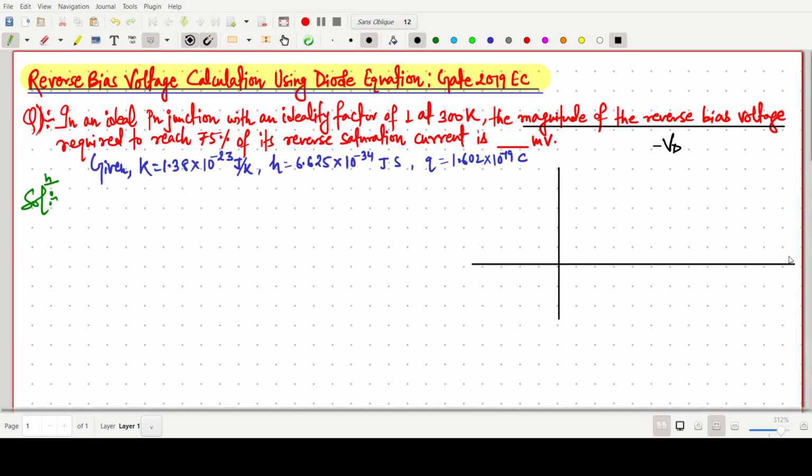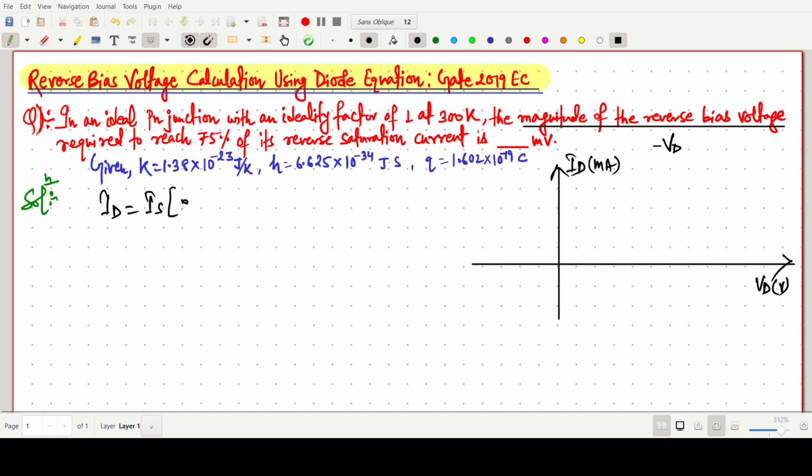So I'm making the axes: ID in milliampere, and VD in volt. It is better to write the diode equation: ID equals Is e to the power VD by eta Vt, minus 1.